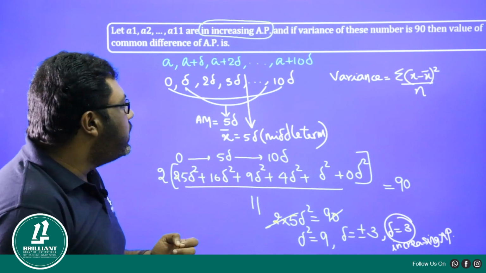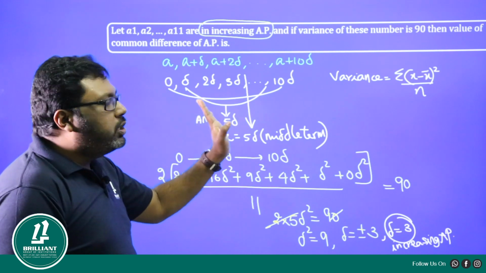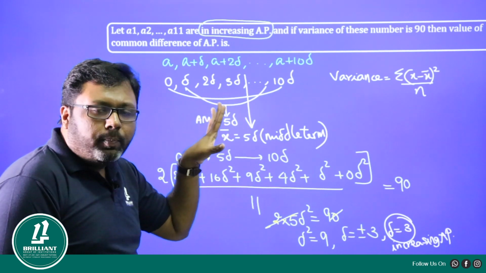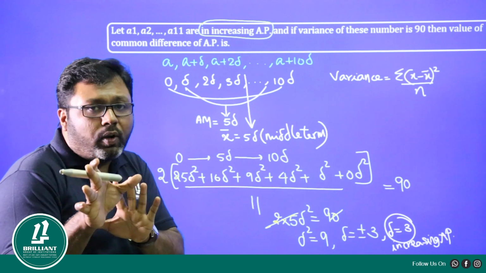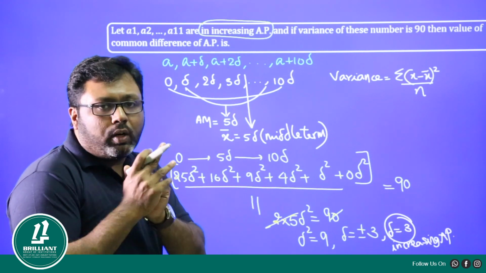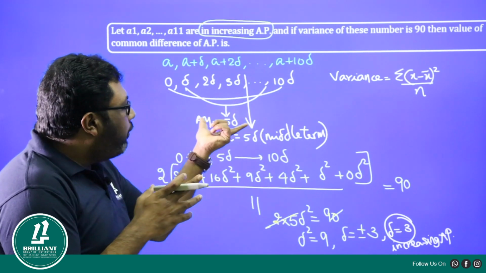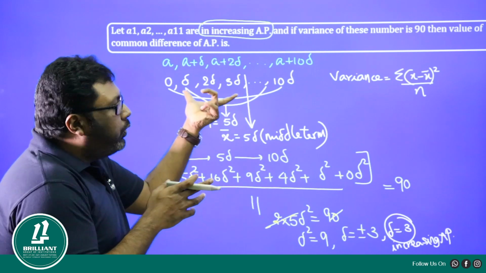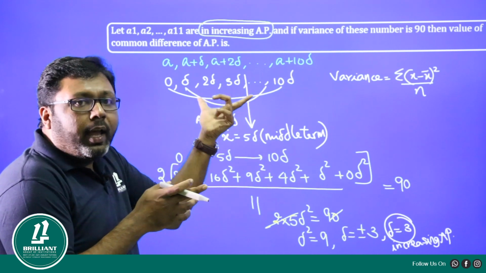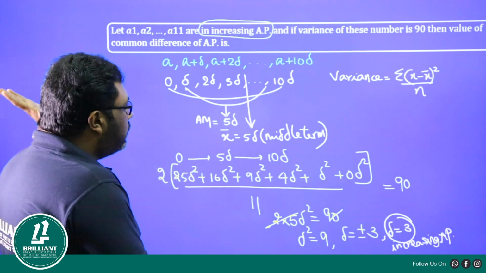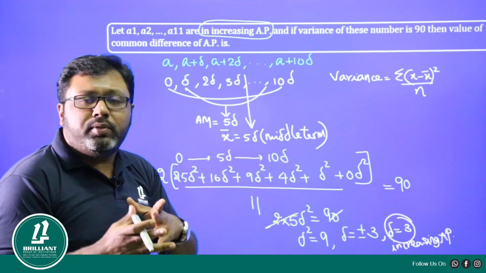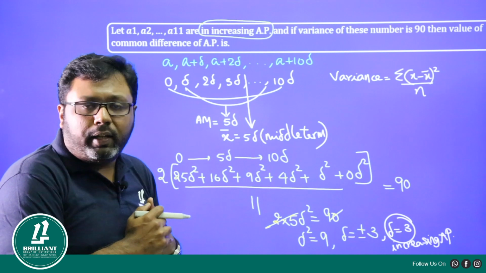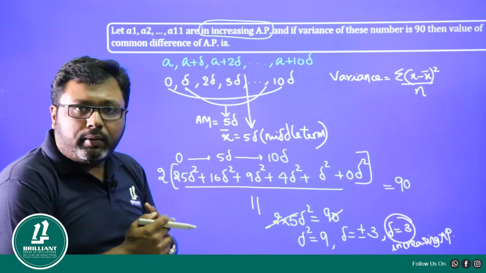We used shortcuts here. One shortcut is changing the values of the terms, since the variance does not differ when you add or subtract a constant number. The second is finding the arithmetic mean of two terms in this AP, and saying that the arithmetic mean of all these terms together is the same 5D because it comes exactly in the middle.